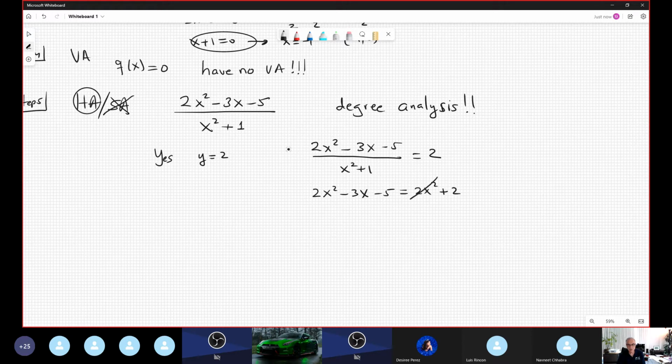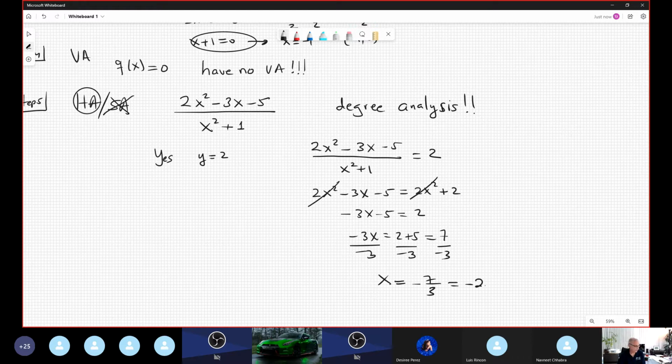Wow, this cancels. And we get minus 3x minus 5 equals 2. Minus 3x is equal to plus 7, get 7 divided by negative 3, x equals minus 7 over 3. By the way, 7 over 3 as a decimal is negative 2.3 repeated.